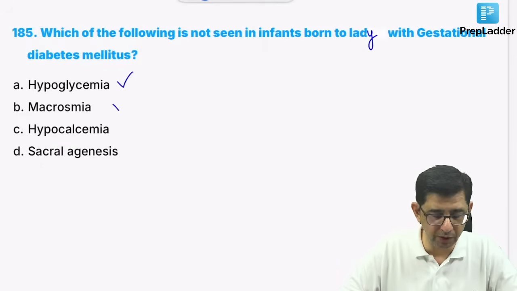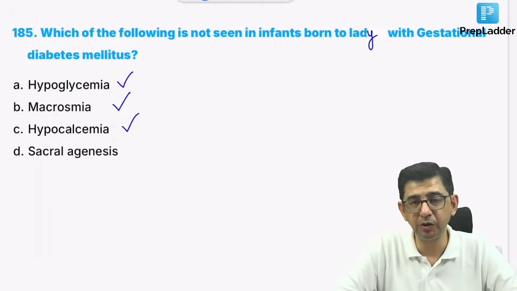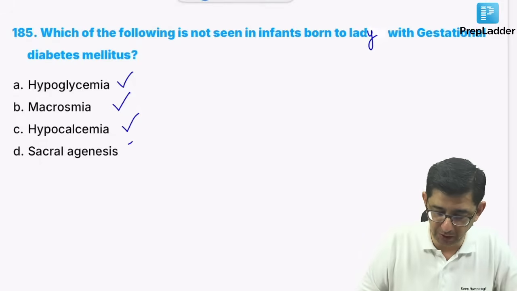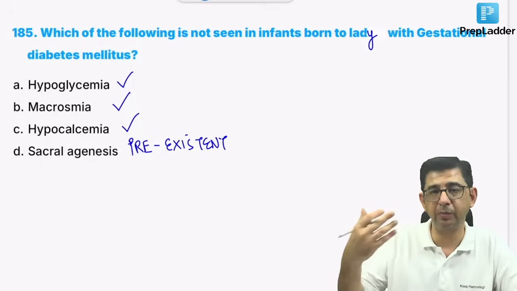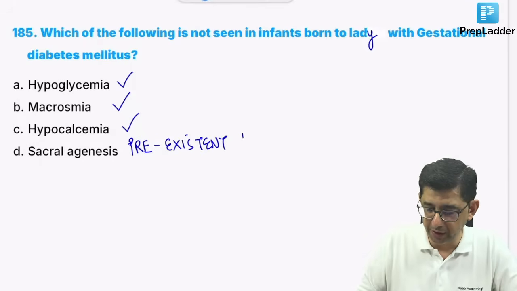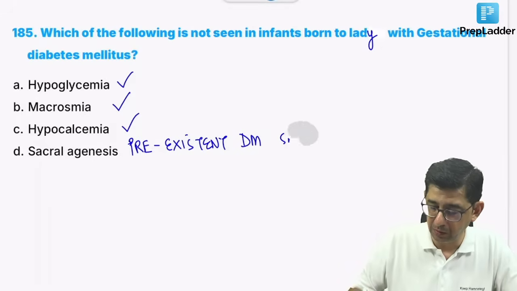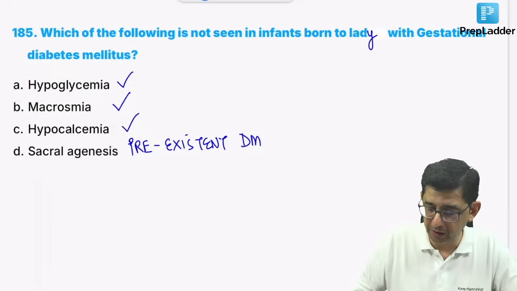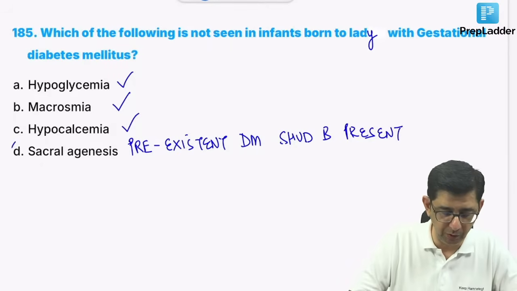There would be a large baby, hypocalcemia, but it will not be sacral agenesis, because for sacral agenesis, it should be a pre-existent diabetes that should be present in a patient. For sacral agenesis, the lady should be diabetic. It is not gestational diabetes, which will start later part of the pregnancy, that is after 20 weeks. It is pre-existent diabetes mellitus that should be present. Only then would you be getting sacral agenesis or neural tube defects. The answer to this particular question would be option number D.